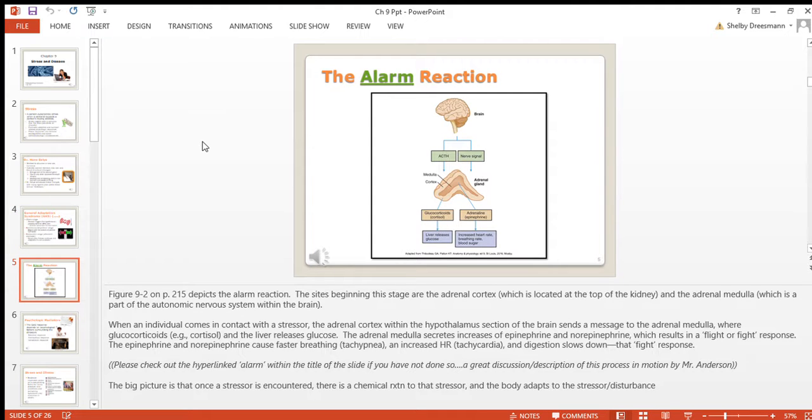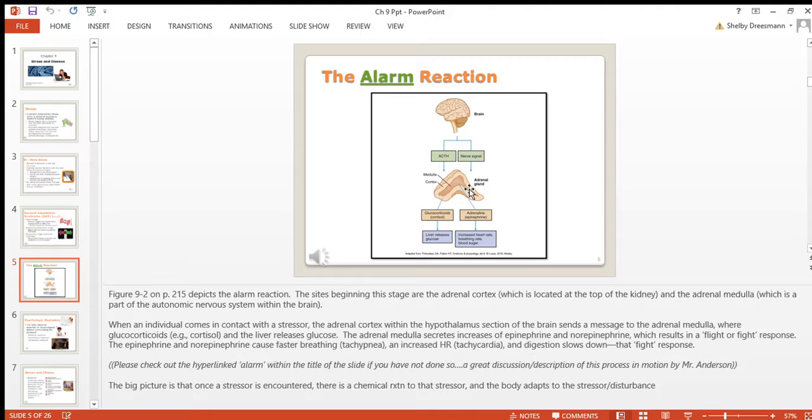So talking about the alarm stage, this picture portrays the alarm reaction. The sites beginning this stage are the adrenal cortex, which is at the top of the kidney. If we look at the adrenal gland right here, the outer white part is the cortex, and the inner pink part is the medulla. The adrenal medulla is part of the autonomic nervous system, the ANS.